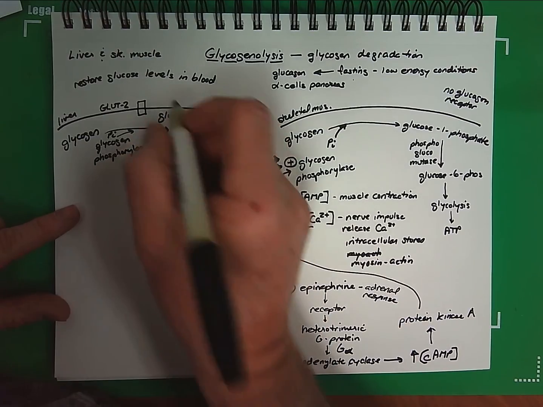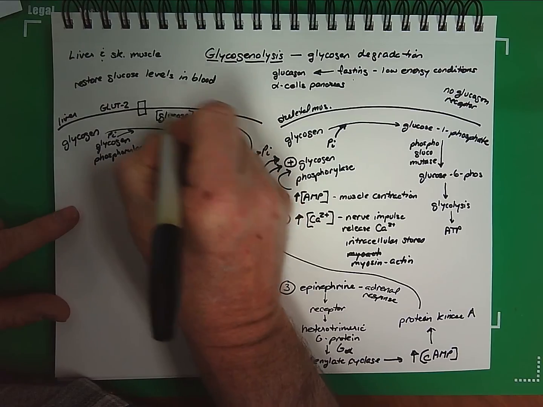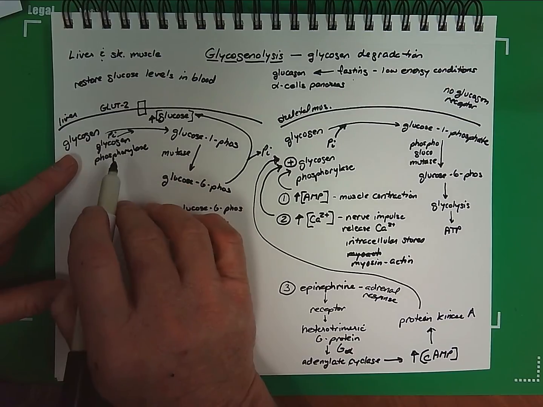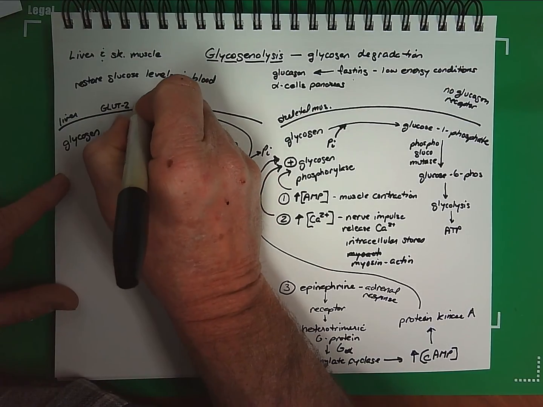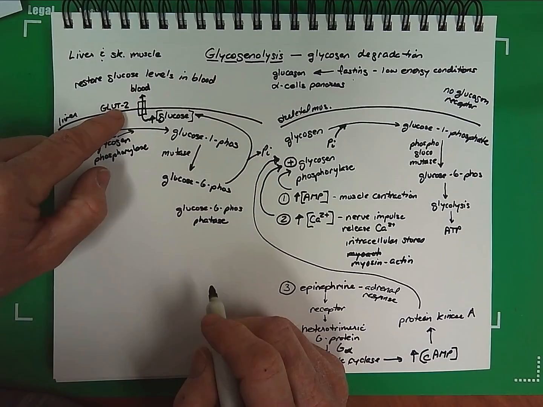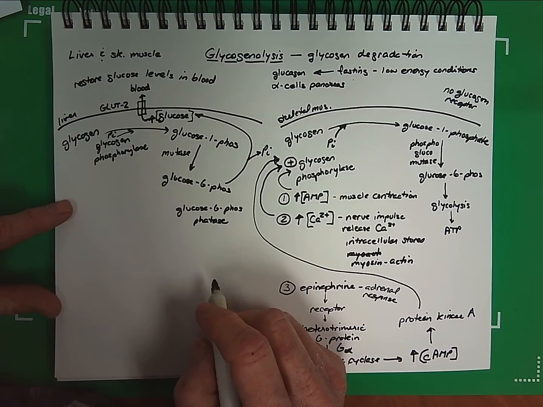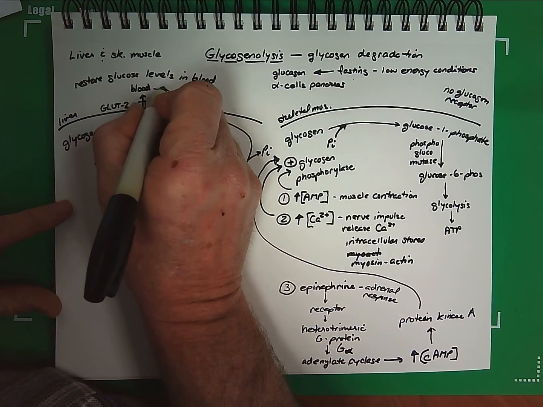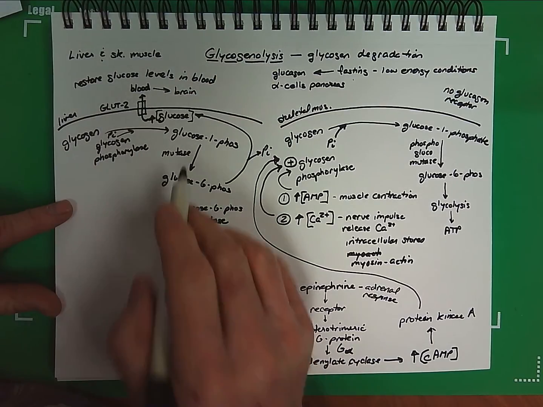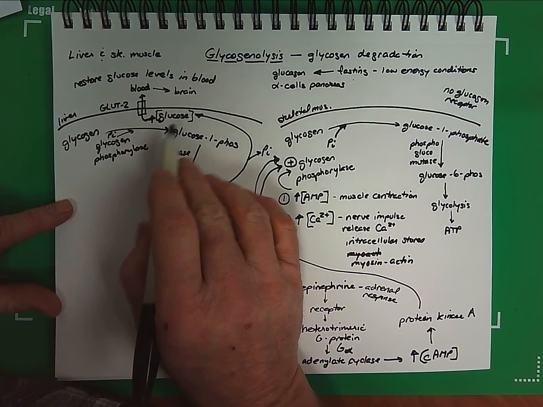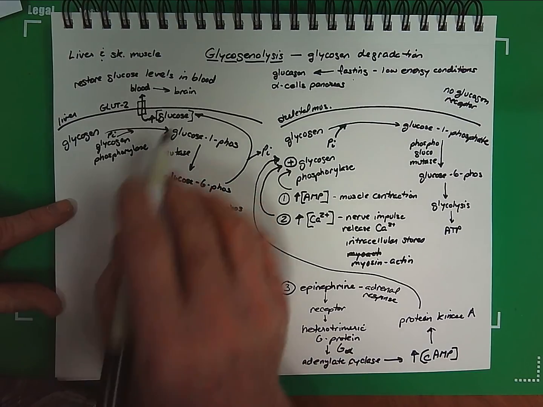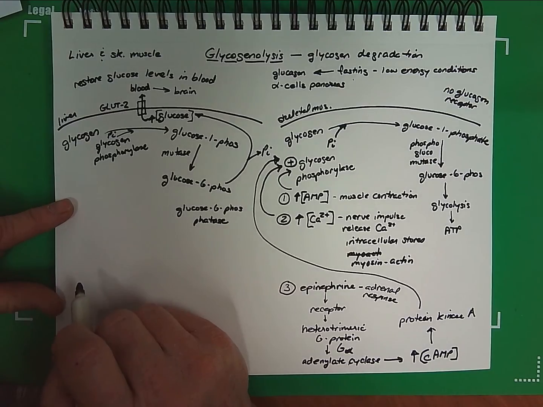So what's going to happen here is that as the glucose concentrations begin to rise, because we are releasing it rapidly from glycogen, it will now move out and pass into the blood through the GLUT2 transporter. The primary organ that the liver is supplying, of course, is the brain. The major source of energy for the brain is the oxidation of glucose. The brain cannot oxidize fats very efficiently, and so glucose is the primary energy source.